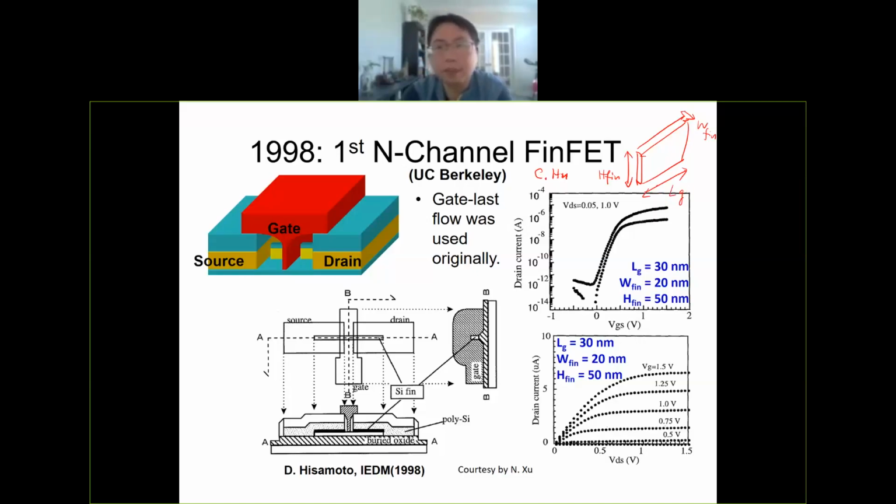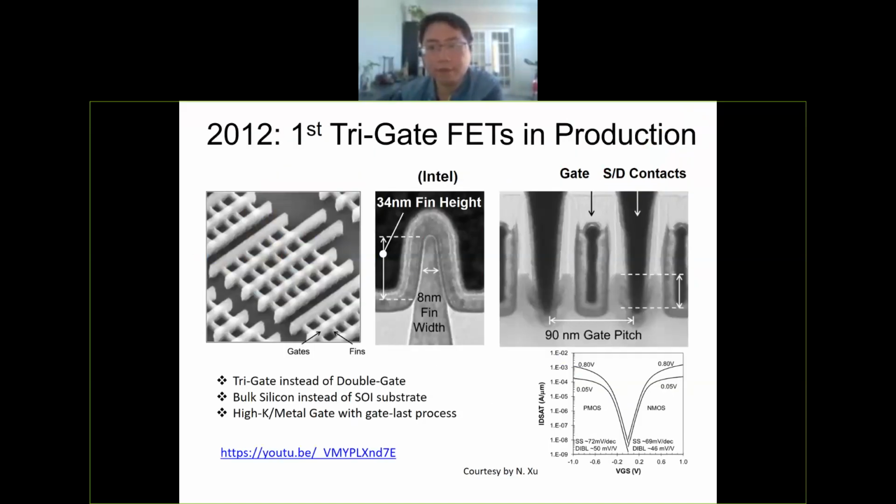So this is the first FinFET in the world. And after this paper, there is much research going on in the universities and also industry. But after the efforts of, let's say, 14 years, in 2012, Intel first commercialized the FinFET in production at the 22 nanometer node.